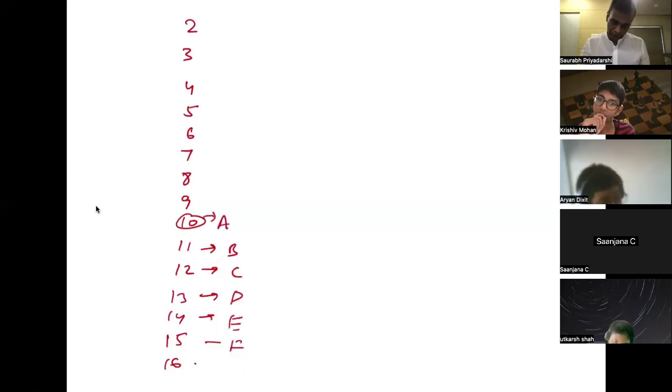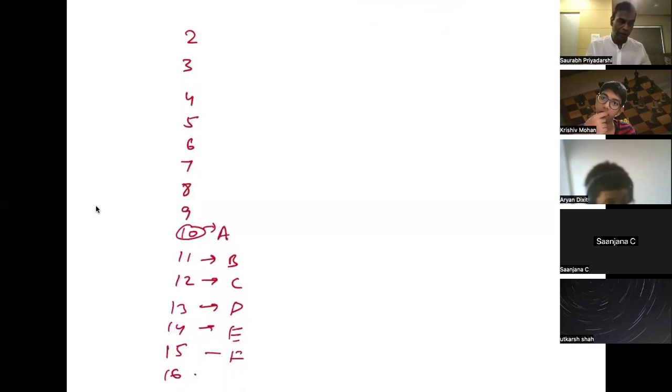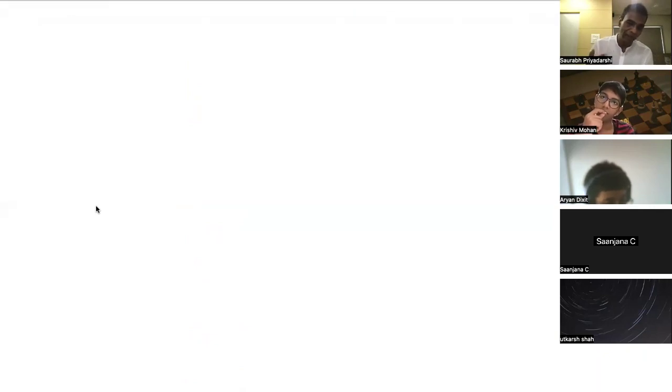We can go up to 9, then 10, and 10 is the base, right? If I'm going greater than 10, then we have to take the letters A, B, C, D, E, F. So how to write down the numbers if the bases are greater than that, we have to understand. And if I'm not giving the base, then we have to write down the numbers in some other way. These two things we are going to understand.